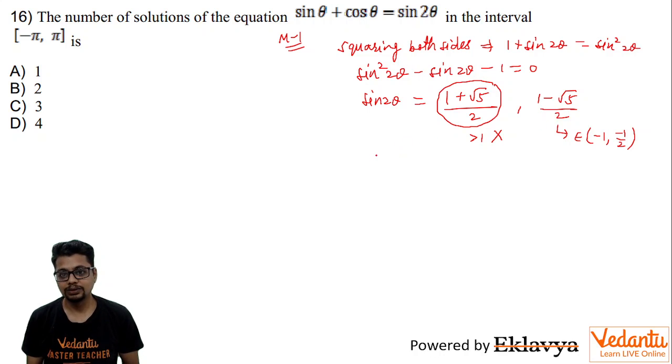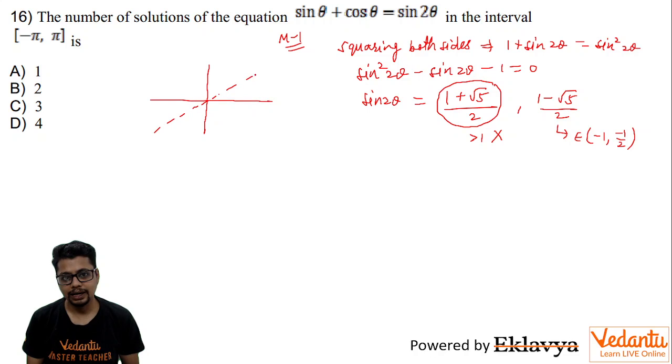Here we'll consider the understanding of sin theta plus cos theta, which I believe you should already have. If you divide the quadrants into these 8 parts, as theta varies, at theta equal to 0, sin theta plus cos theta is 1.